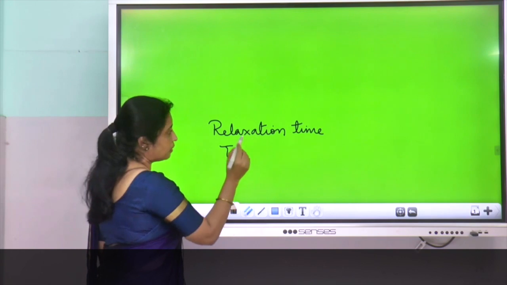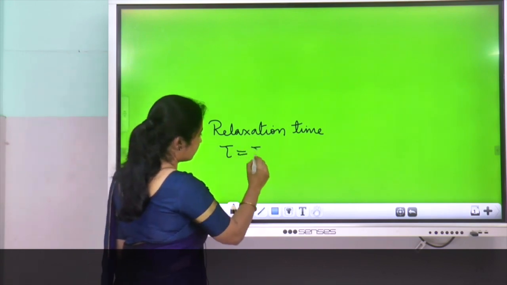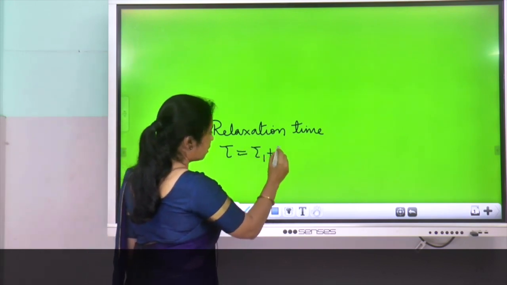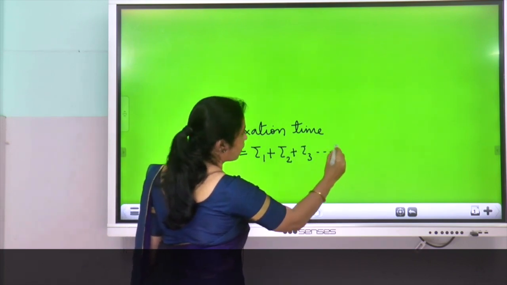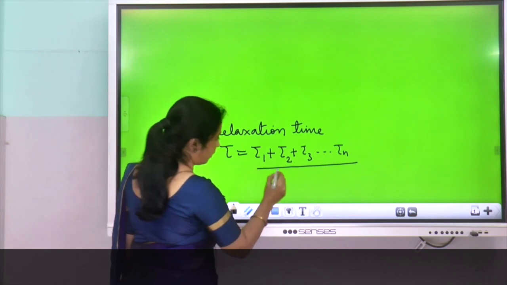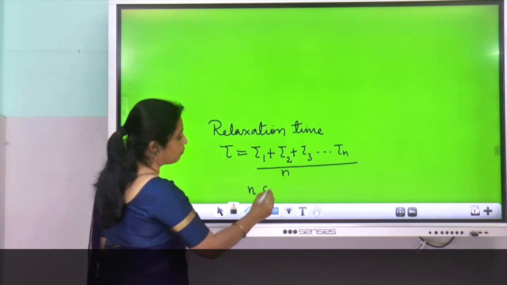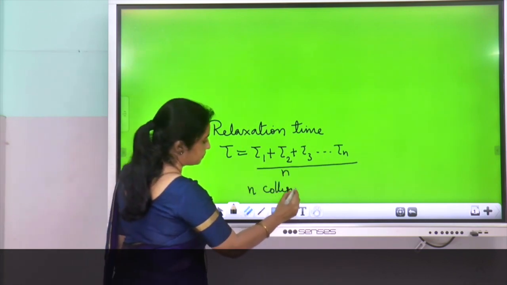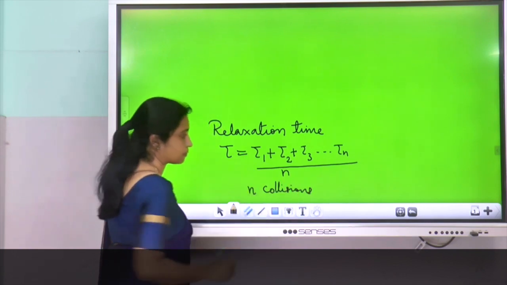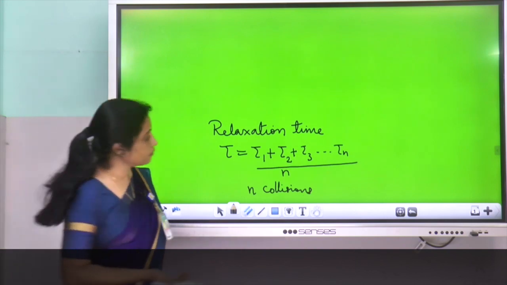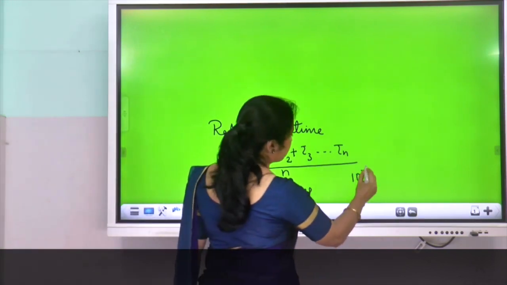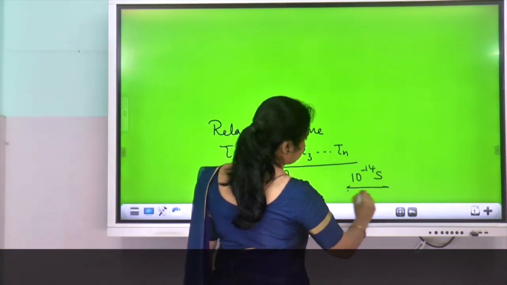Mathematically, relaxation time can be represented as tau is equal to tau 1 plus tau 2 plus tau 3, etc., up till tau n, divided by n, if there are n number of collisions. And the relaxation time is of the order of 10 raised to minus 14 seconds.